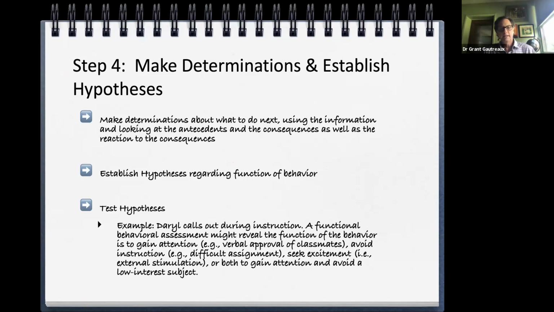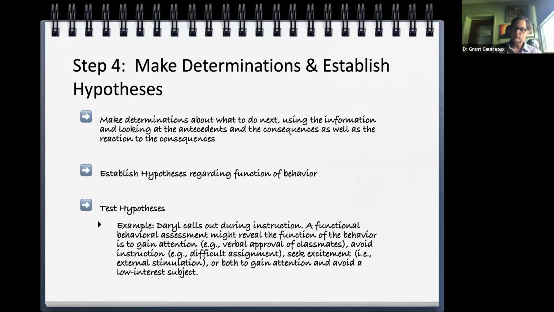All right, and obviously once we have a hypothesis, there's something we can test. So Darryl talks a lot aloud during class time. We did an FBA because it might reveal the function. And what we find is that it's both attention maintained and to avoid a low interest subject.